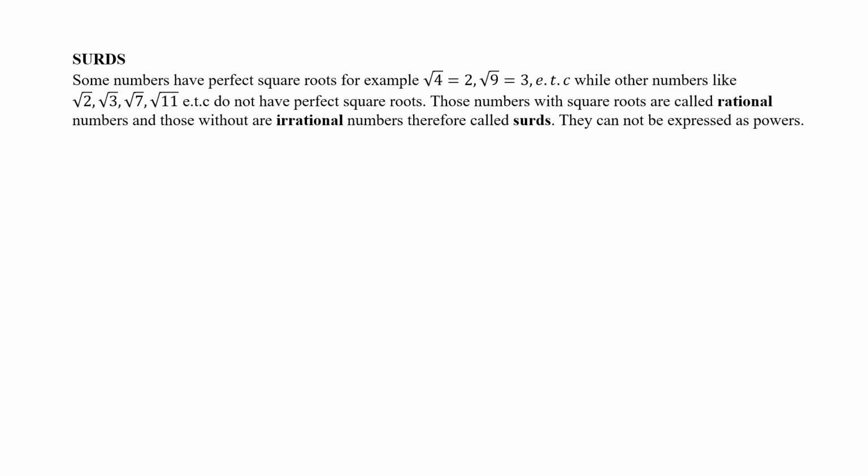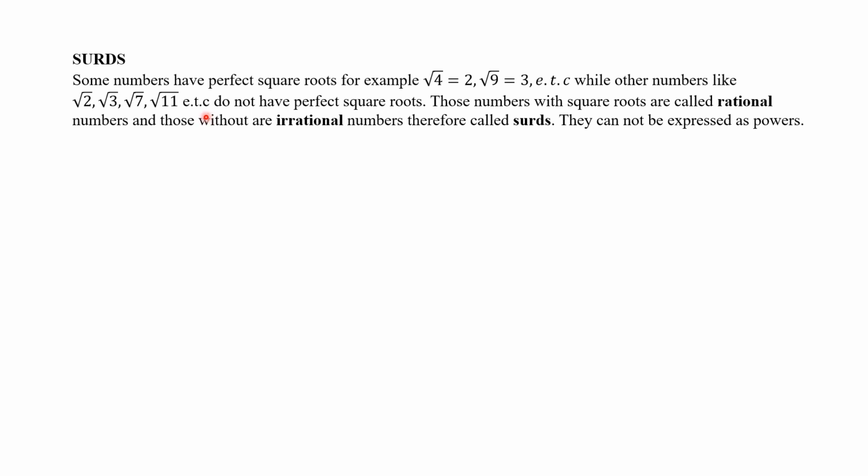Going to the Surds, we are saying that there are some numbers that have perfect square roots. For example, the root of 4 has a perfect square root, and the root of 9 has a perfect square root of 3. Then there are some numbers which cannot be expressed as fractions.